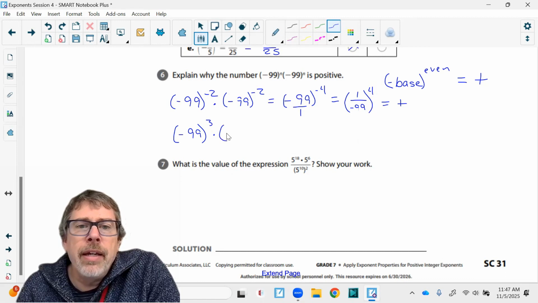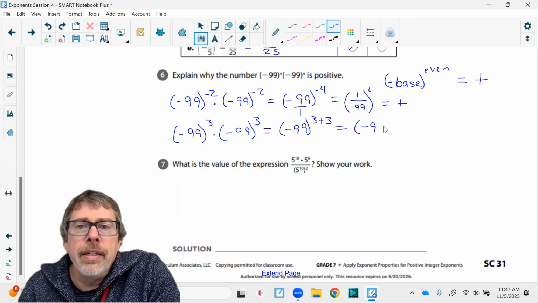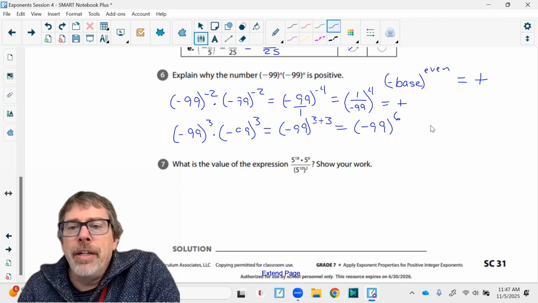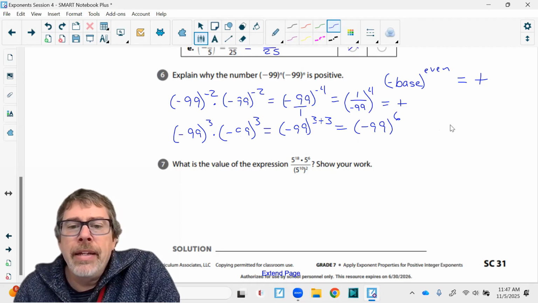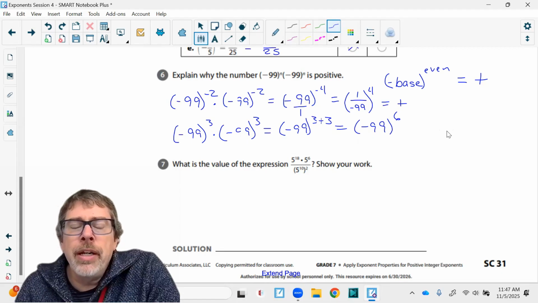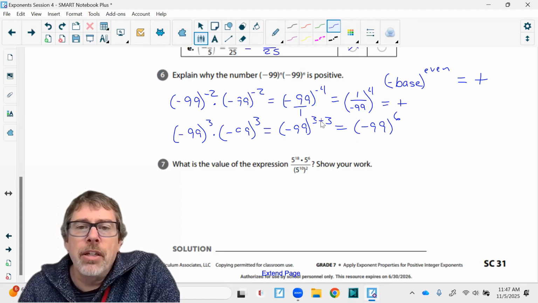Negative 99 times negative 99. And if n is 3, then that would equal negative 99 to the 3 plus 3, which is negative 99 to the 6th. So what's really happening here is we're taking an odd number and adding the same odd number to it, you're going to get an even number every single time. So that's going to be even.